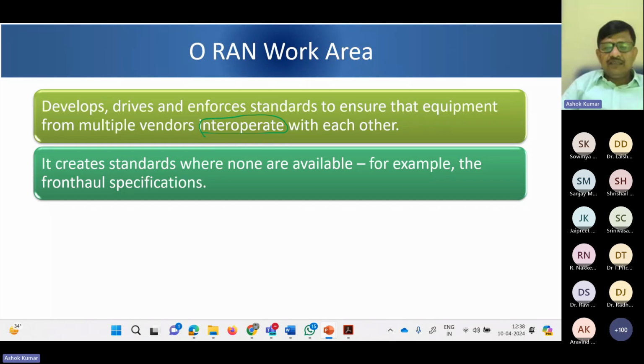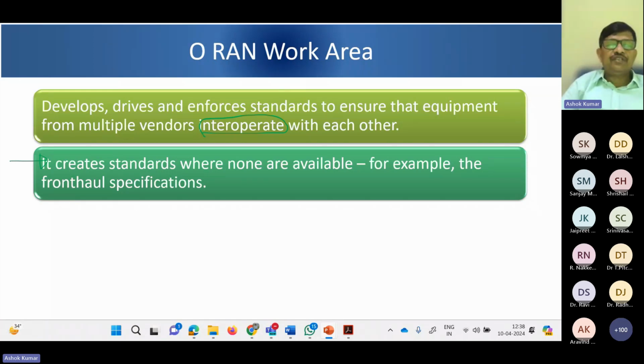Second, we already know that 3GPP is making standards, and most of the standards or interfaces are open. But there may be certain areas where there is no standard by 3GPP. In those areas, the ORAN Alliance comes and creates a standard where no standards are available.